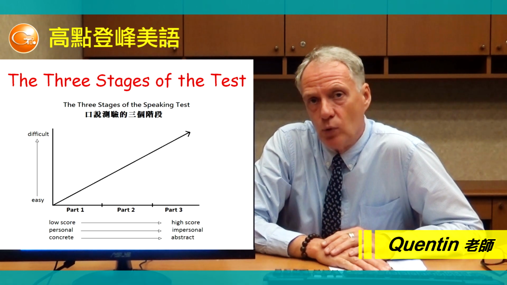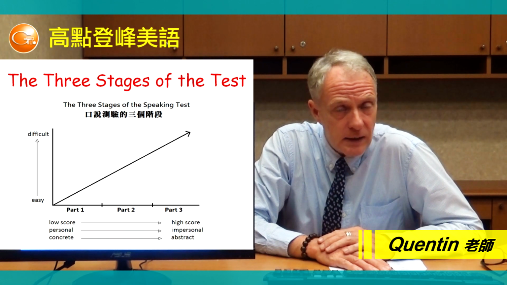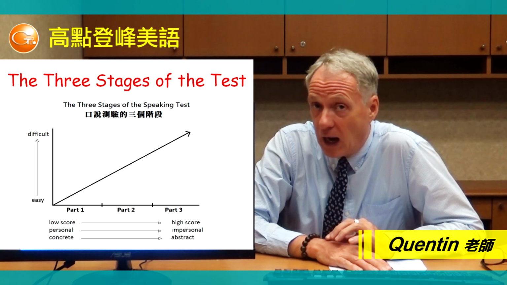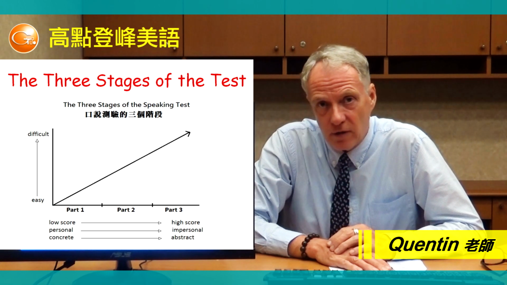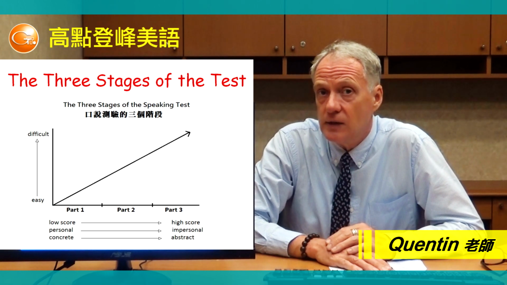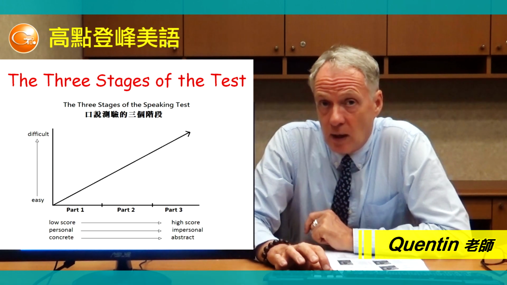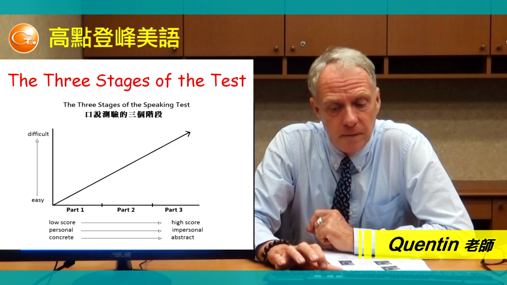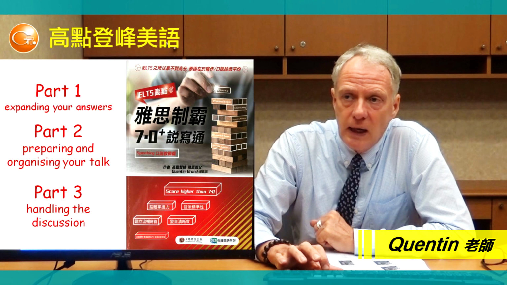So this diagram will teach you the difference between part 1 and part 3, and sometimes this is one of the reasons why people do not get a high score in IELTS, because they don't really understand what the 3 stages of the test are. So in the speaking book I will give you more information about this, and this is very, very useful and very, very important. Let me tell you a little bit about the content of the speaking book.